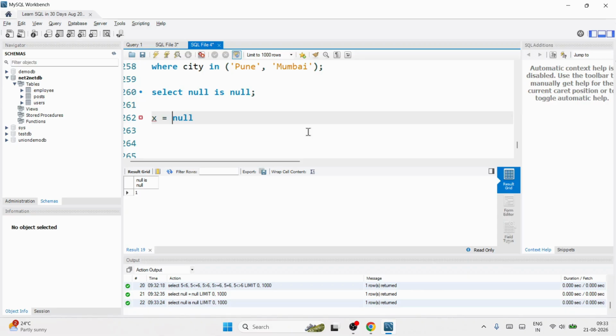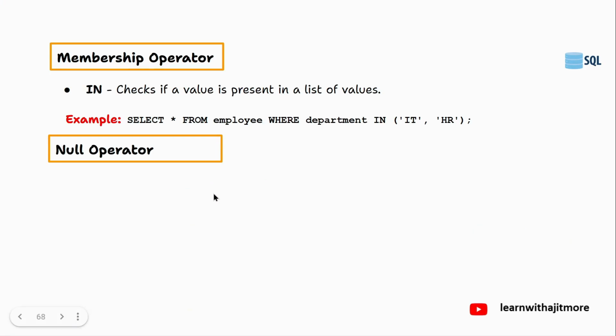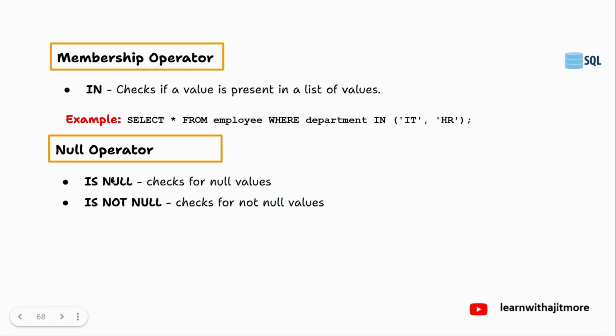If you do it with equal, you will not get answer 0 or 1. It is an unknown answer. So whenever you want to compare anything with null, use is null. Okay? So the next operator is the null operator. You can use is null or is not null.